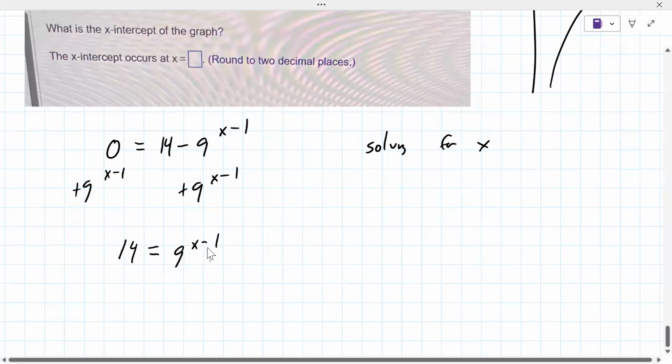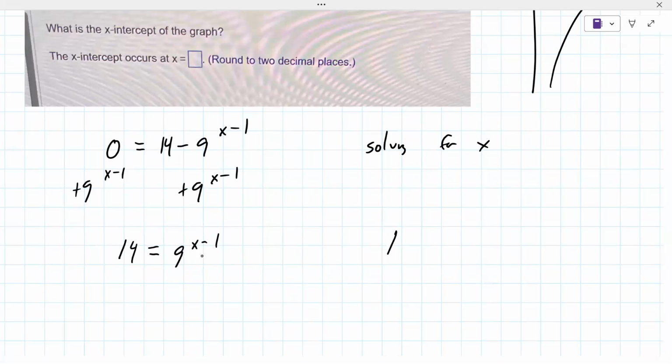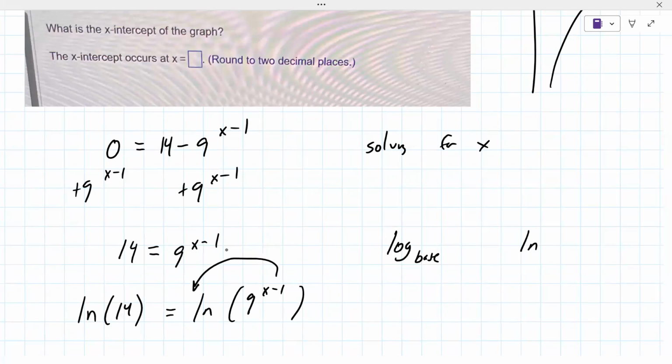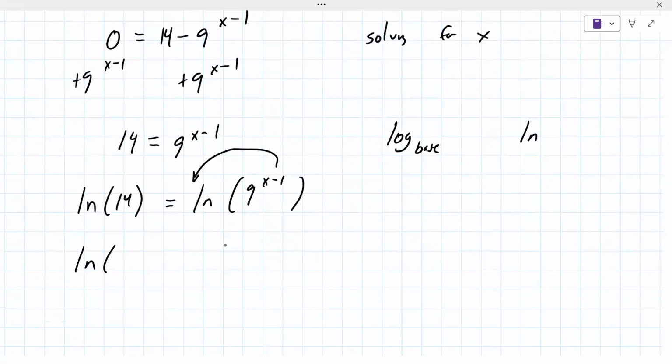And then you undo the base to get to the exponent by using log, and then you can use a base, but the more common approach is to use ln. So you take ln of both sides, natural log of both sides, and then you bring the exponent out in front. So this becomes natural log 14 equals parentheses x minus 1 times the natural log of 9.